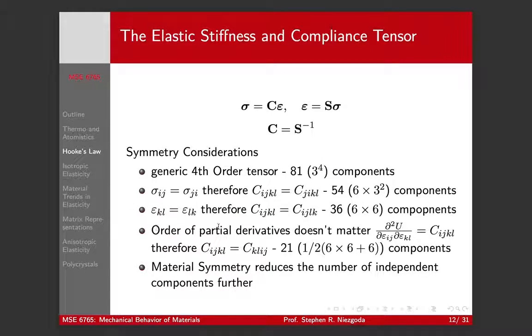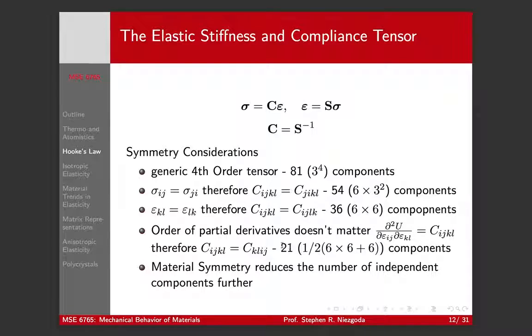We know that the strain is also symmetric, so Cijkl equals Cijlk. That brings us down to 36. And since we know that the derivatives of our strain energy density with respect to strain, the order in which we do these partial derivatives doesn't matter, that gives us the symmetry that Cijkl equals Cklij.